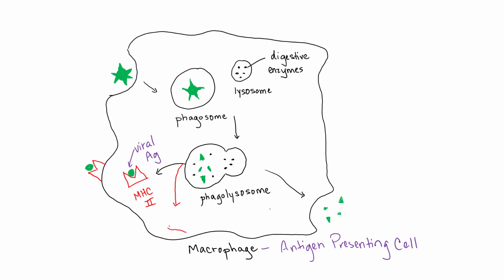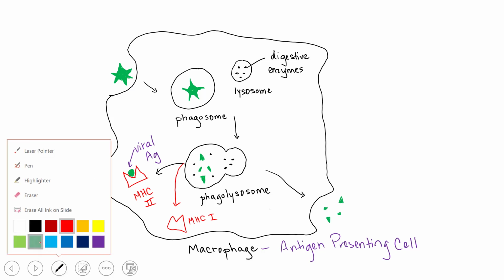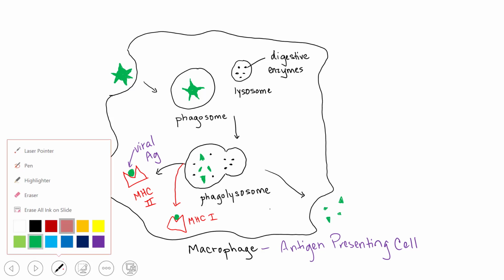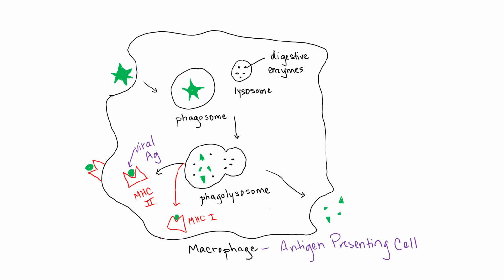So we have a class I MHC and a class II. So now let's add the viral antigen in green complex to MHC1, and let's push that MHC1 complex to the surface.